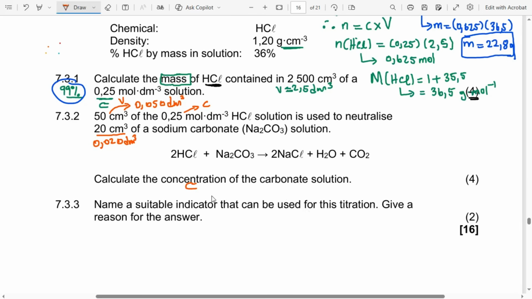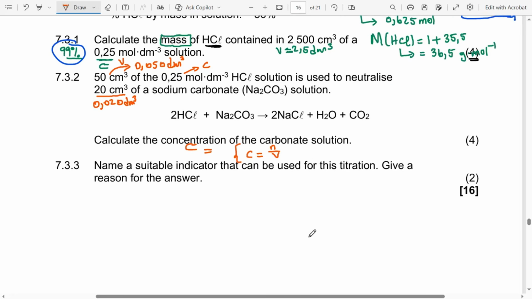Let's quickly test that. First thing first, if they want the concentration, just write down the formula for concentration. Remember, C is equal to n over V. From this formula, I'm going to identify what I have and what I should calculate.